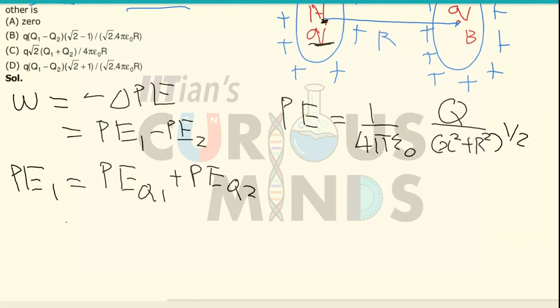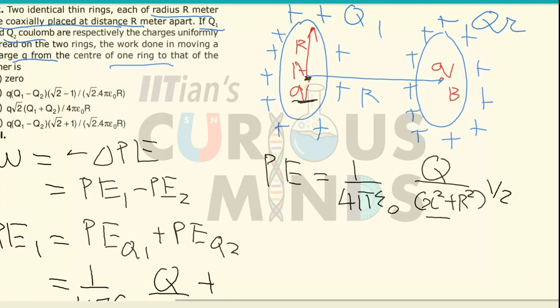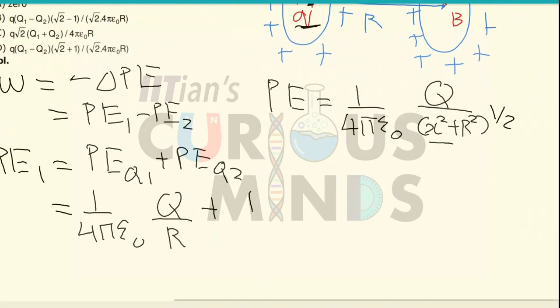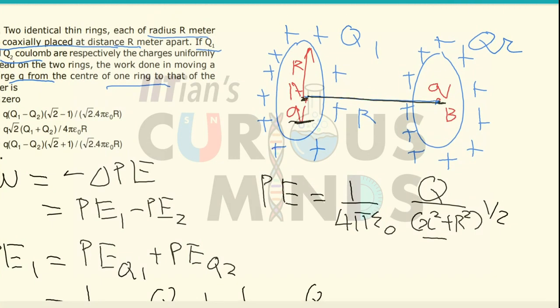So in the first case the potential energy is equal to 1 by 4 pi epsilon naught q divided by r square, x is equal to 0, so it will be r square raised to half, which is equal to r. Plus the potential energy due to the second, which will have the same formula, 1 by 4 pi epsilon naught q divided by, now the value of x, the distance on the axis, is equal to r.